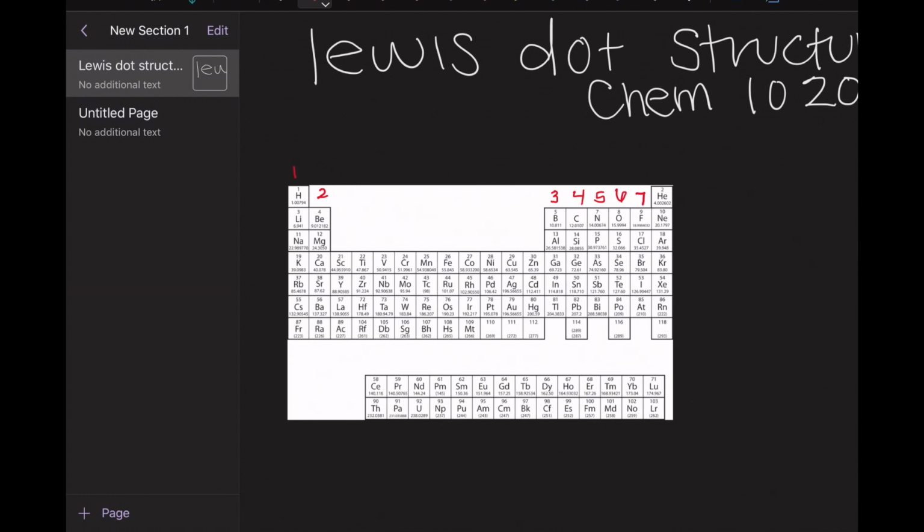Everything in these rows has the same number of valence electrons. This goes back to its electron configuration. So if you were looking for the valence electrons for something in here, you could simply look at its electron configuration, and the highest orbital or shell that it has and the number of electrons in that shell would be its number of valence electrons.